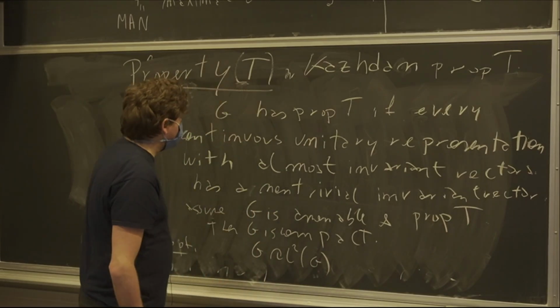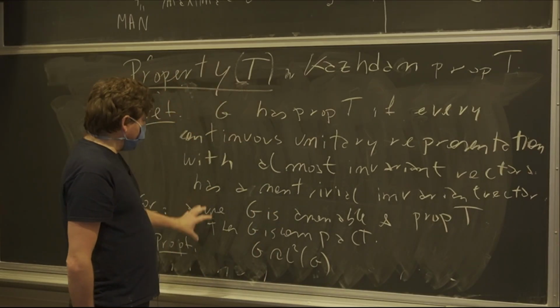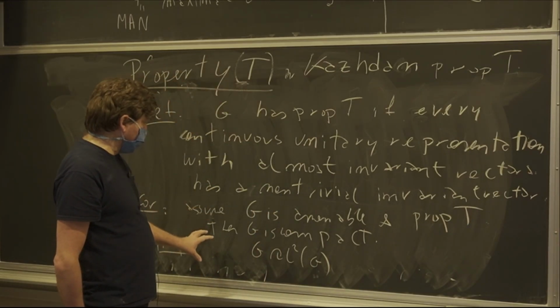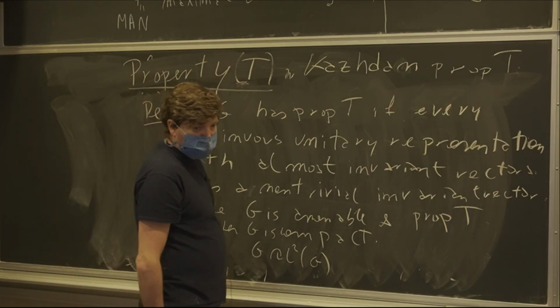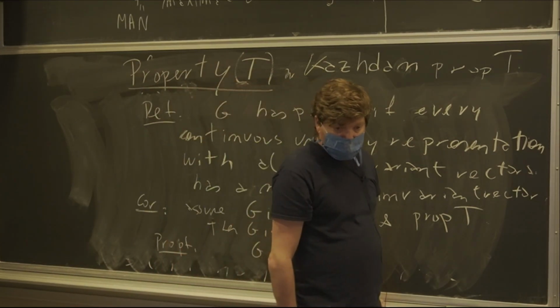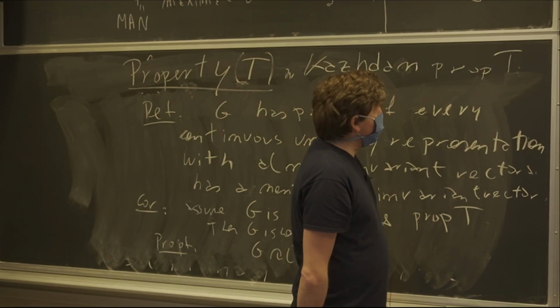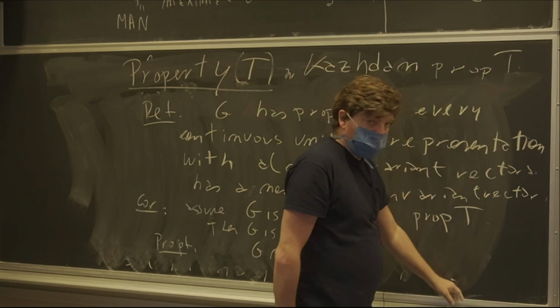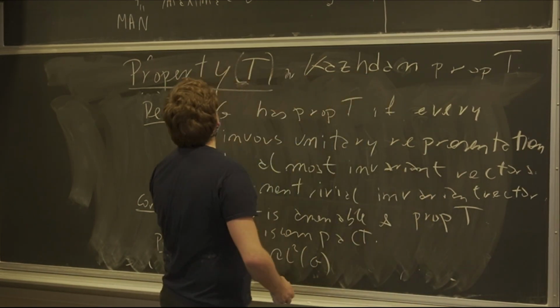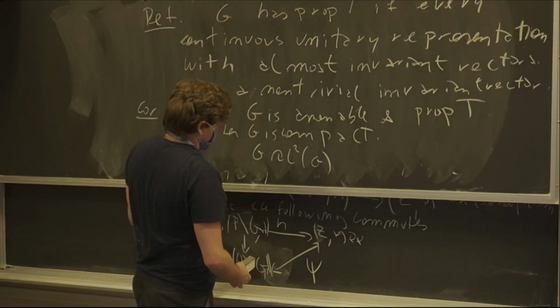So that's how we are going to prove that gamma mod N is finite. Once we prove that gamma mod N has property T, we are done. So let me just state the claim, and we finish.